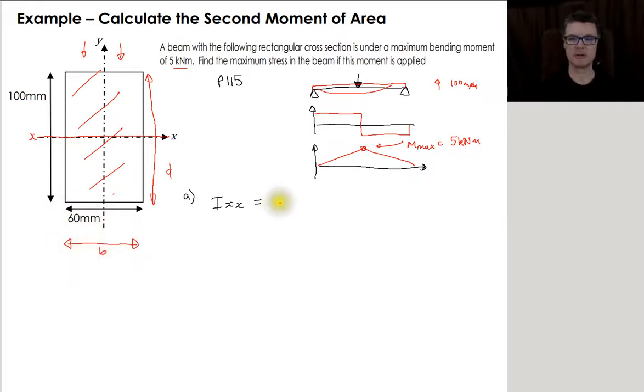So I'm going to use the formula to find the second moment of area: B, breadth, times depth to the power 3 divided by 12. The breadth is 60 millimeters.